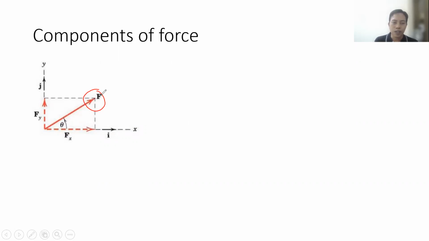Here we represent the vector F, which has the direction theta measured from the horizontal line, and it has the magnitude represented by the length of F. Using trigonometry, we can define or describe Fx and Fy.